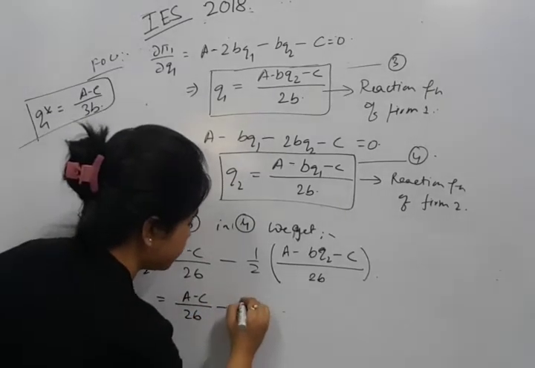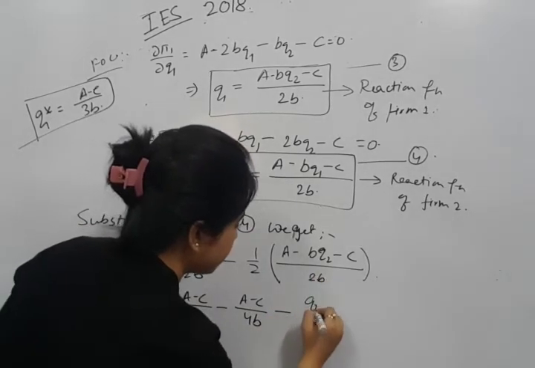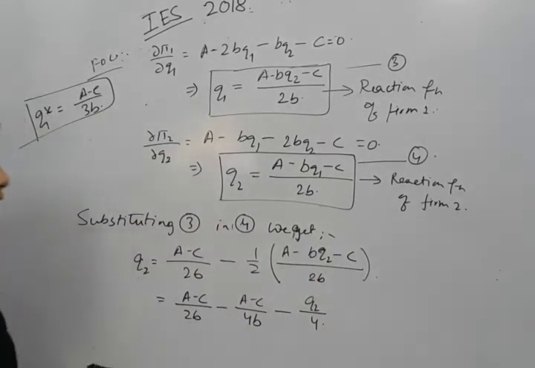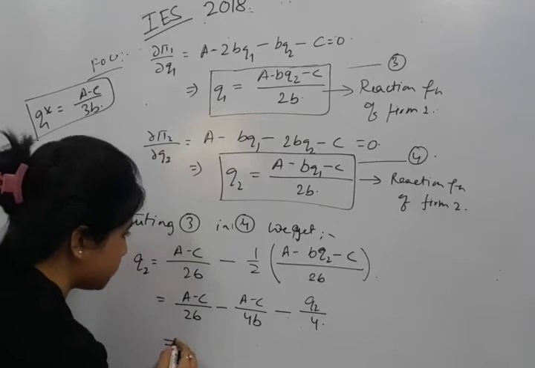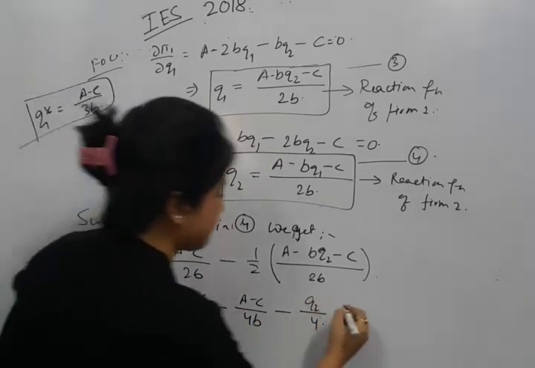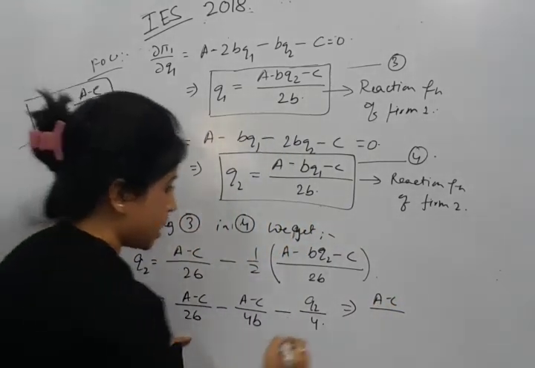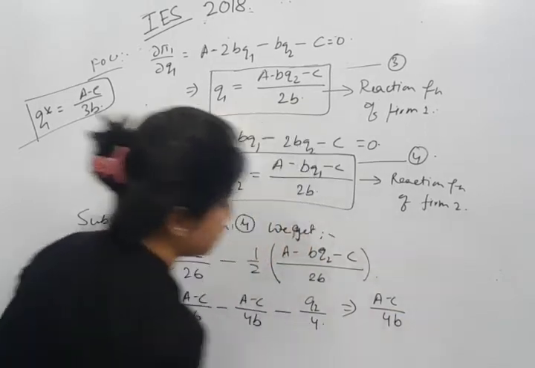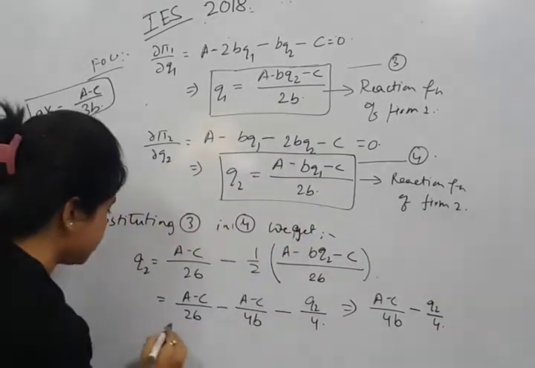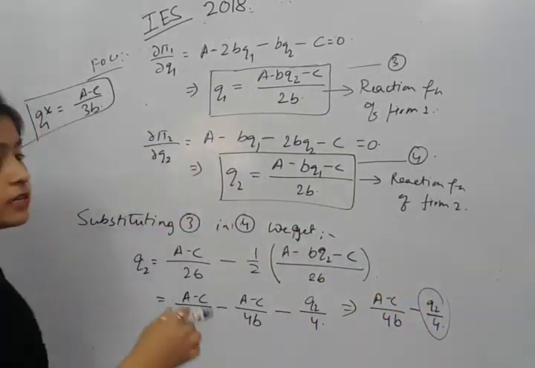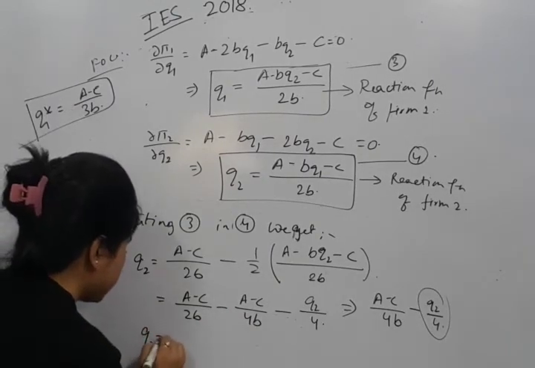Minus 2C, and over here A minus 2C by 4. I've already eliminated these B terms. Now coming to the next portion. So here we have (A minus C) by 4B, and again bringing this term involving Q2 to our left hand side to obtain the final value of Q2.